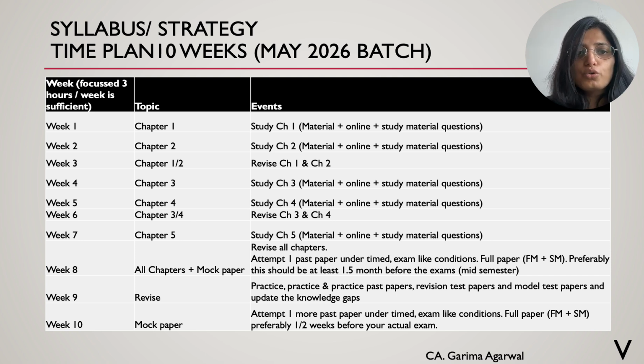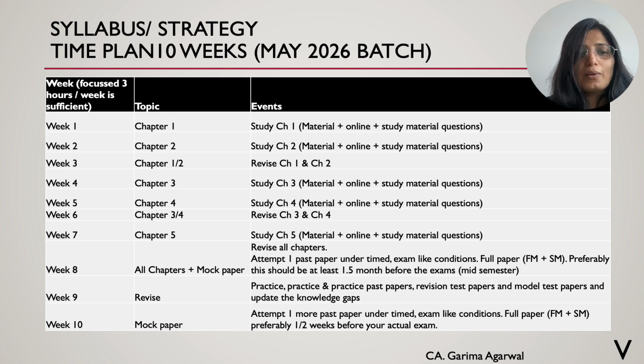You should do your CA study material plus online study material plus any past questions. Week 2 will cover chapter 2 and in week 3 you should do the revision for chapter 1 and chapter 2. Week 4 will cover chapter 3. In week 5 we should cover chapter 4 and in week 6 we should do combined revision for chapters 3 and 4.